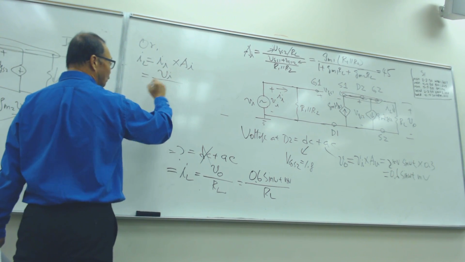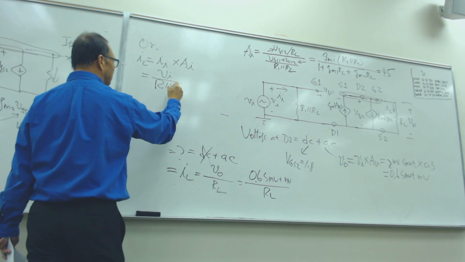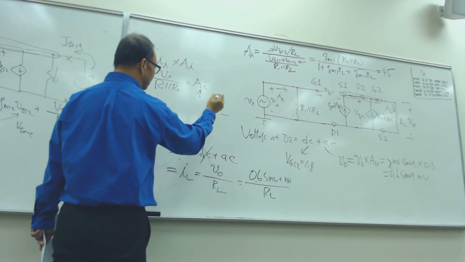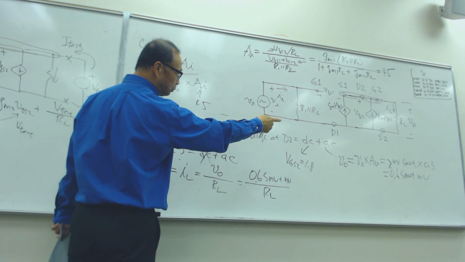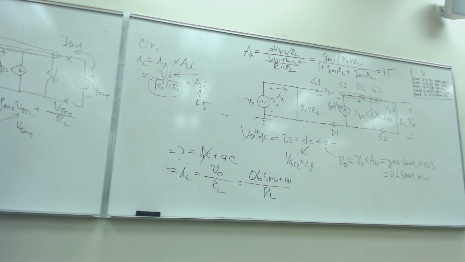It's V sub I over R1 in parallel with R2, right? Times A sub I. We know A sub I, 45. This is given, right? 2 millivolts, and this is known. All right, that's it.